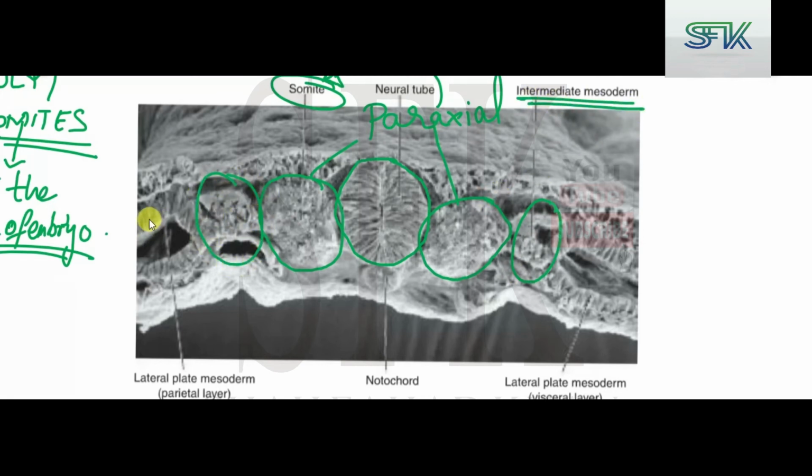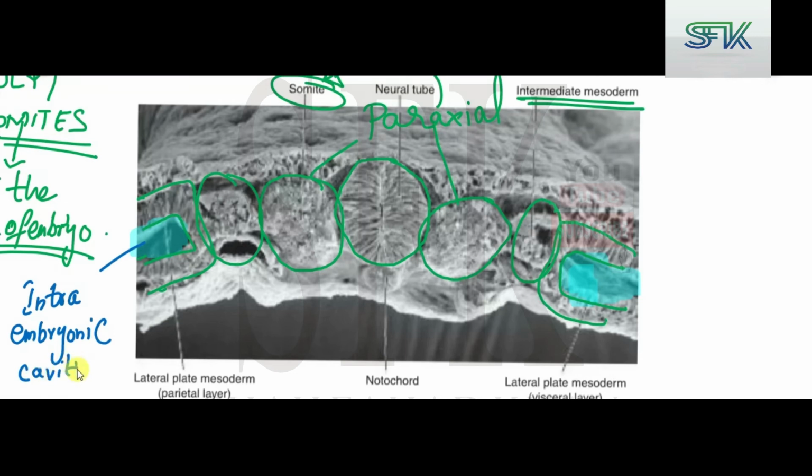And right adjacent to the intermediate mesoderm, which one is this one? This mesoderm over here, I've made the double boundary. Why have I made the double boundary? Well, that's because this region over here is a cavity. This is the intra-embryonic cavity, or intra-embryonic coelom.